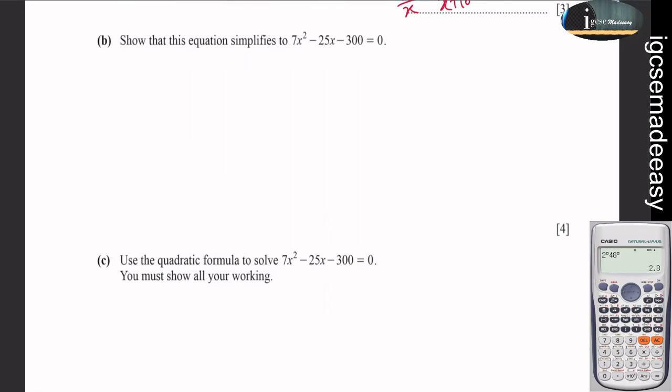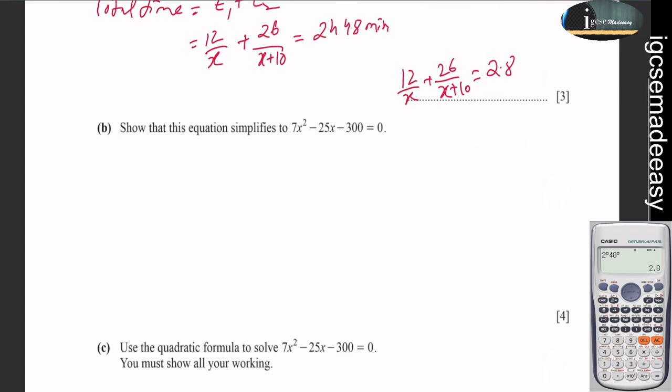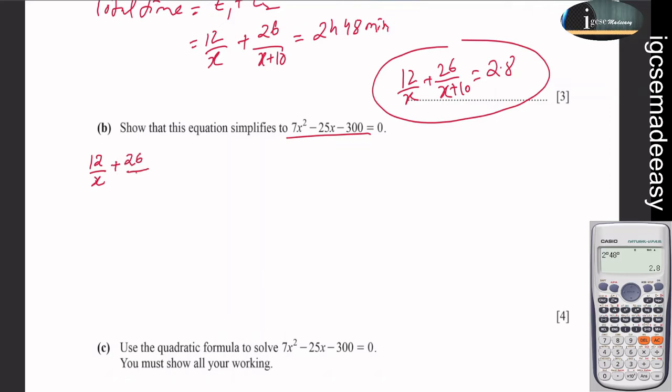So let's do part B. Show that this equation simplifies to this one. So we have to show that this equation is being simplified to this equation. So let's simplify that. We have 12 by x plus 26 by x plus 10 equals 2.8. We can do LCM, or else multiply the bottom numbers, x into x plus 10.